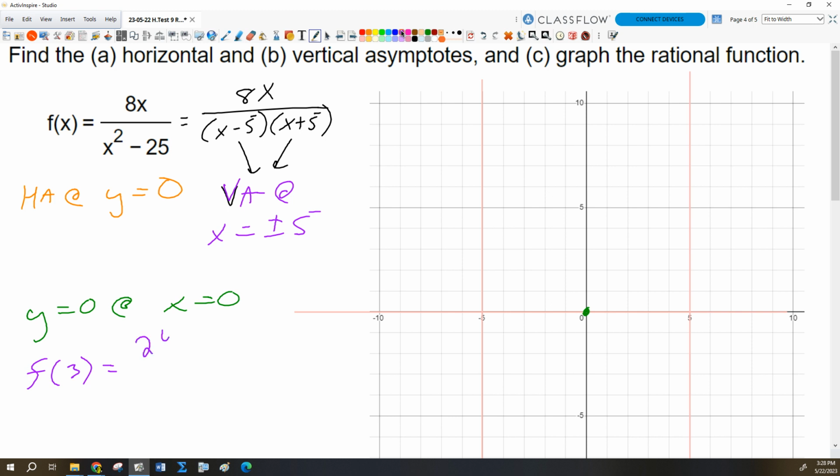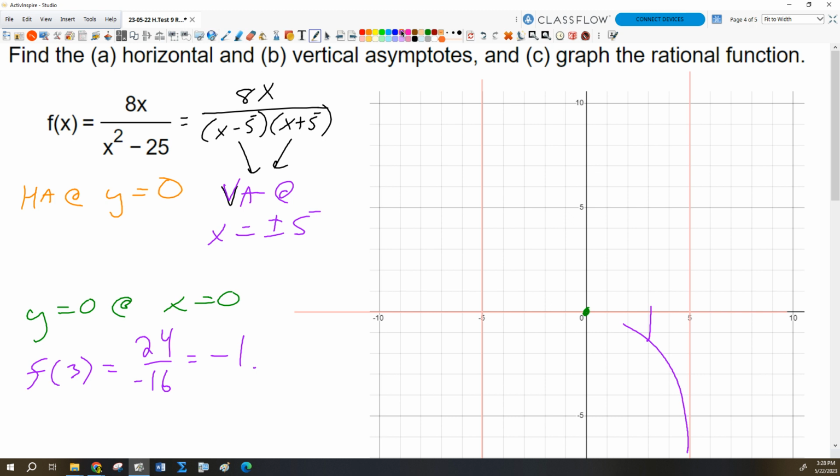What do I get on the bottom? Negative 16. So 24 divided by negative 16 is negative 1 point something, right? So what's that telling me? If I plug in 3, it's down here somewhere. It's pushing it down, so I know it's coming from down here.